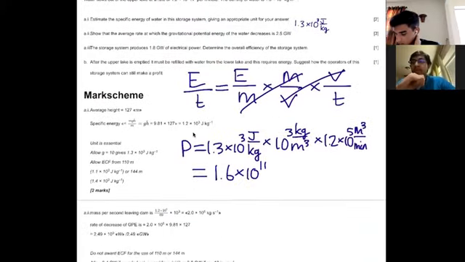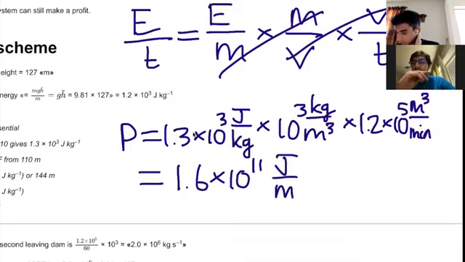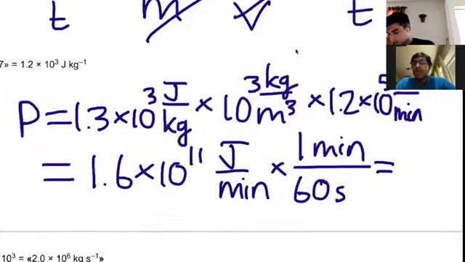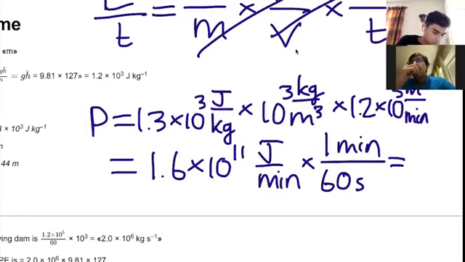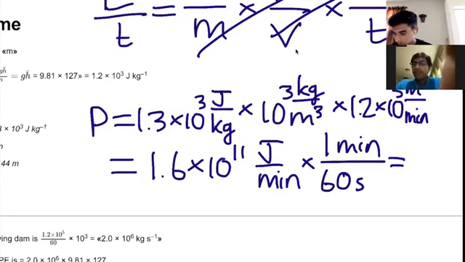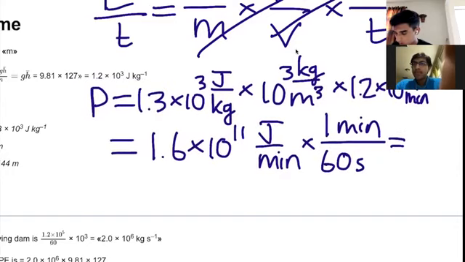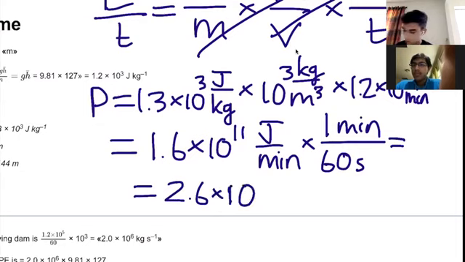Now we have to convert the minutes into seconds because otherwise we won't get watts. So times 1 minute over 60 seconds. 1.56 times 10 to the 11 divided by 60 is equal to 2.6 times 10 to the 9.